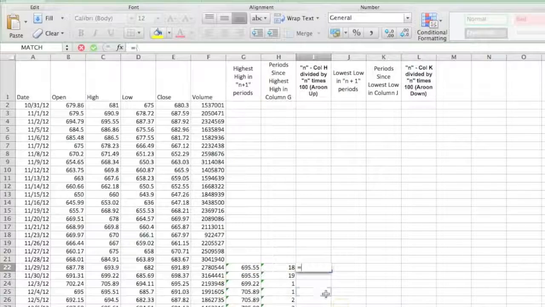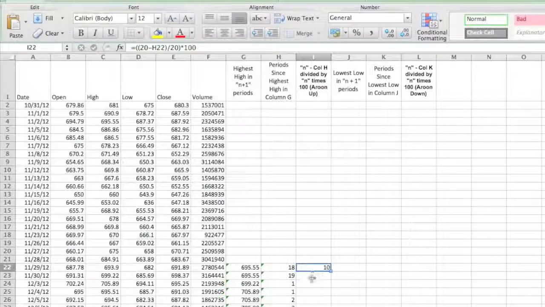So we're going to need two open parentheses, n equals 20, minus the value we got here, close the parentheses because we want to calculate that first, divided by n, which is 20, then close the parentheses, and then multiply all that by 100. In this case, it's telling us 10%.